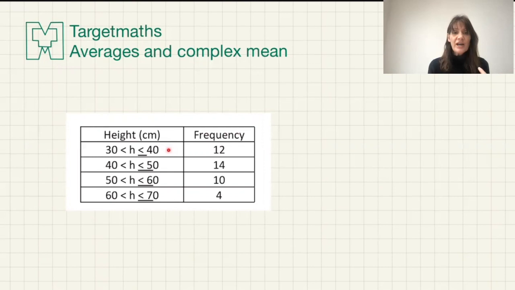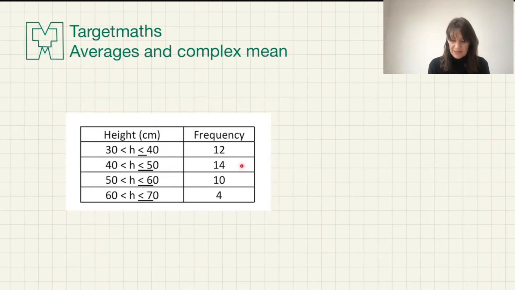So if these were the height of sunflowers, that's telling me that there are 12 flowers that grew to a height of 30 to 40. I don't know their numbers. They could be 31, 32, 37, 38.5. I haven't got that detail. I just know 12 fit into that class width and 14 fit into this class width, and so on.